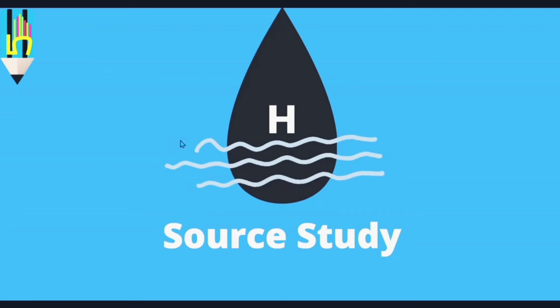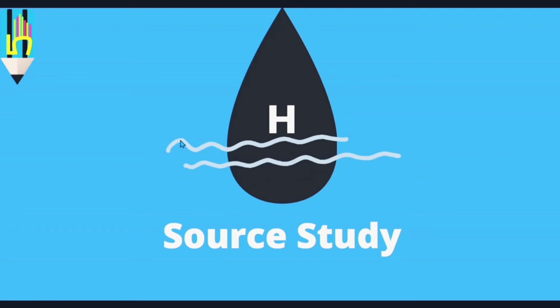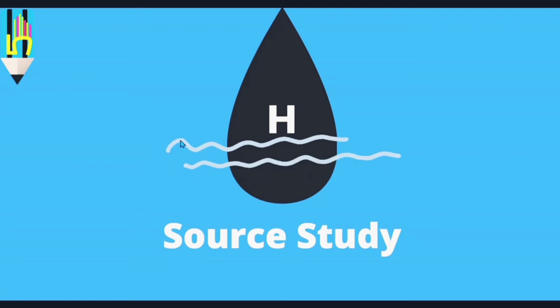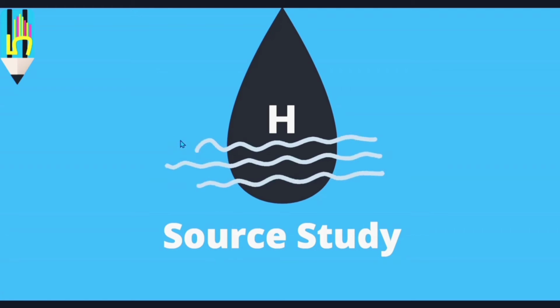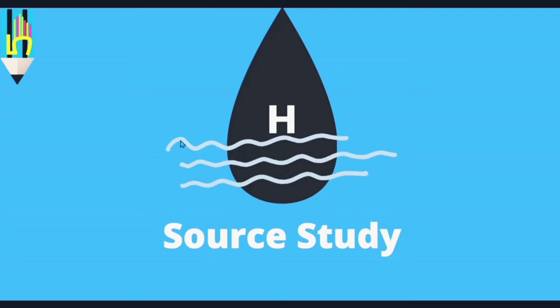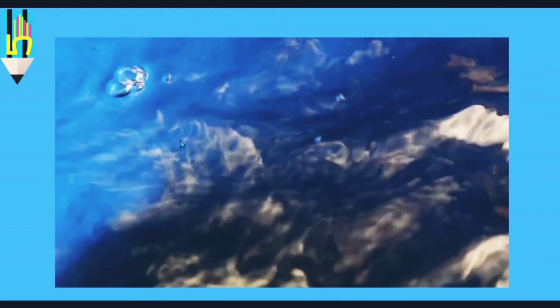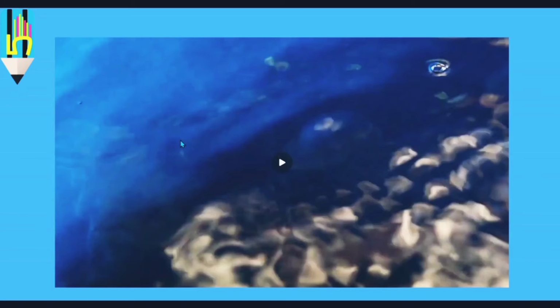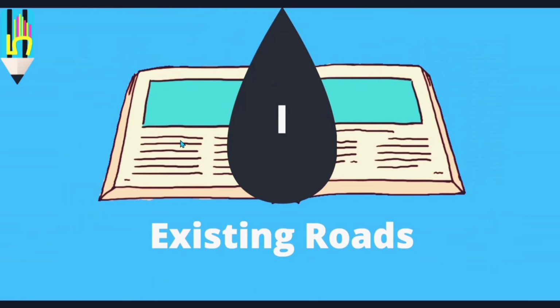For underground water, we need data on at what depth we are getting the groundwater, or we can also do some modeling to predict the storage underneath the ground. So this is very important. Source study should be done. Generally this data is also available with the water resource department, or as I said in India, the Jal Nigam or the Jal Sansthan. Moving on, the next thing that we need to know is the existing roads.